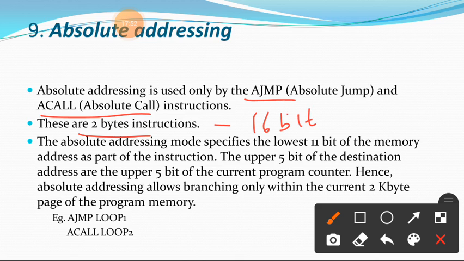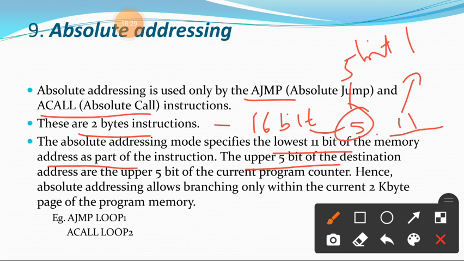Out of 16 bits, the lower 11 bits specify the memory address as part of the instruction, and the upper 5 bits of the destination address are the upper 5 bits of the current program counter.